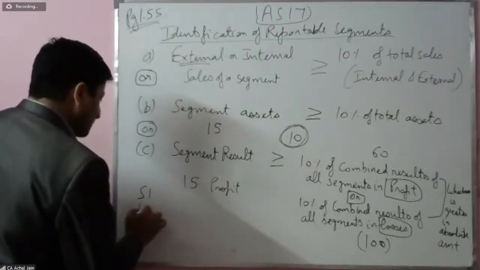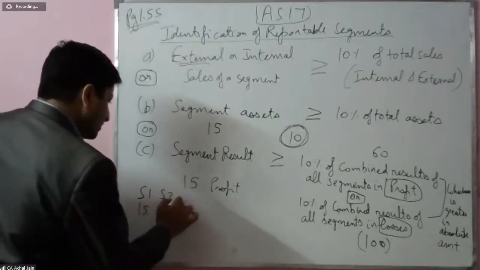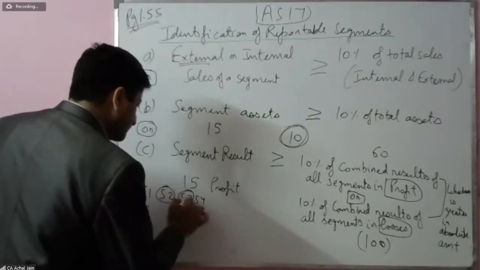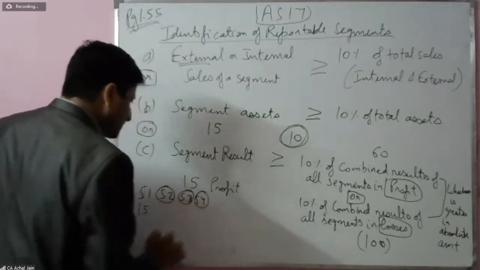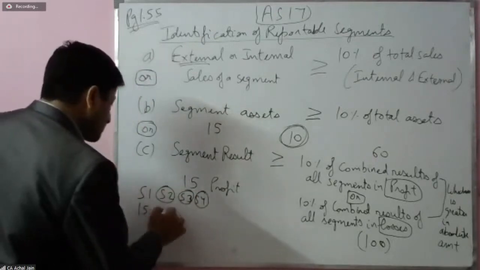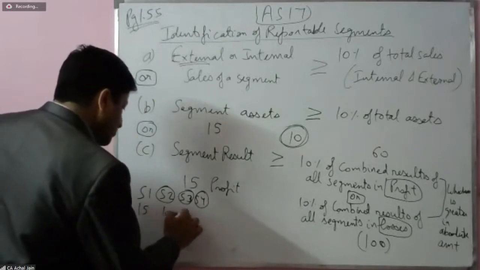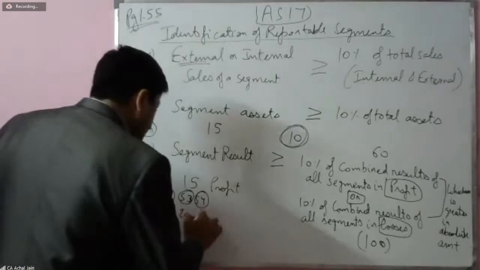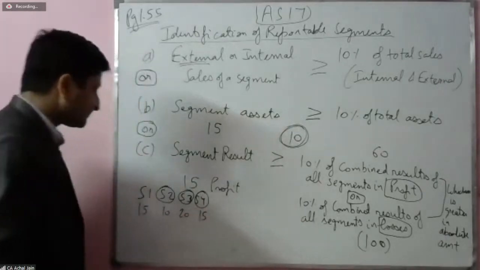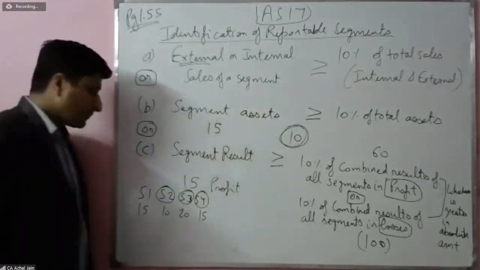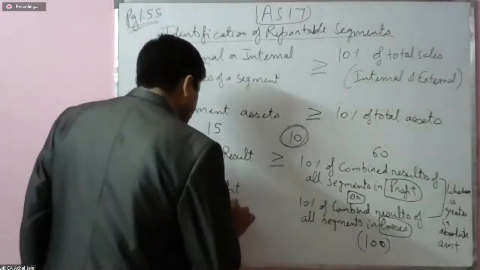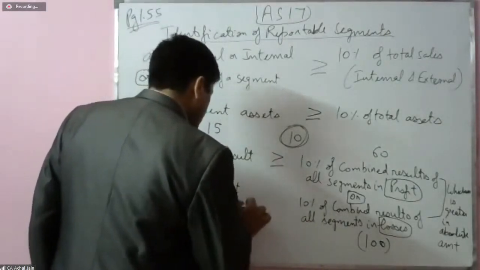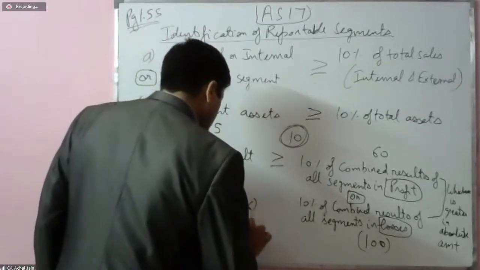S1, S2, S3, S4 are showing profit. This is showing, let's say, 10, this is showing 20, this is 30, and let's suppose this is showing 15. Then there are 2 more: S5 showing a loss of 60, and S6 showing a loss of 40.